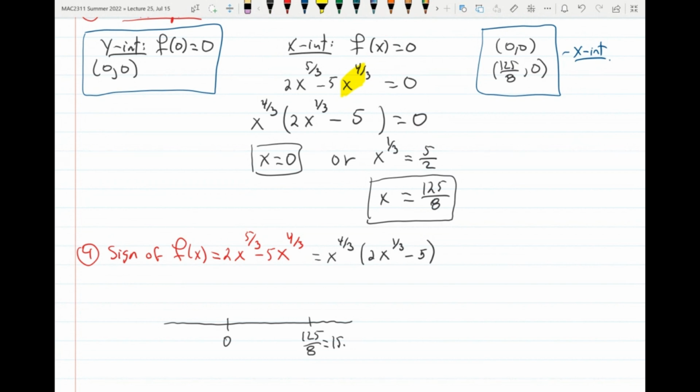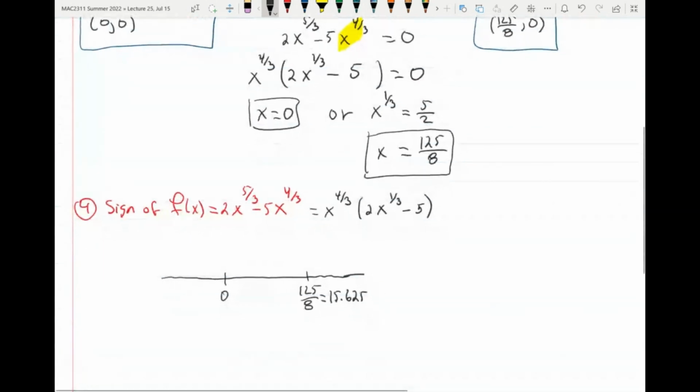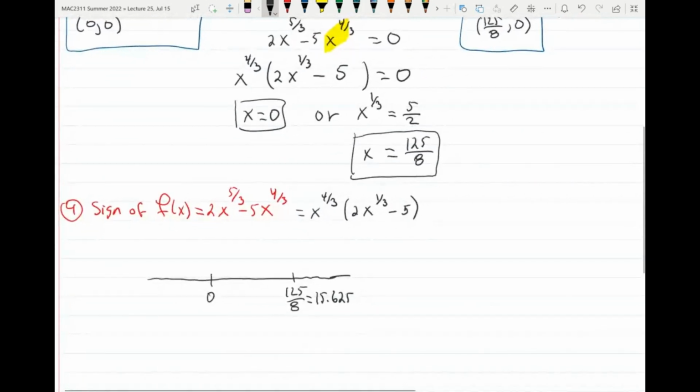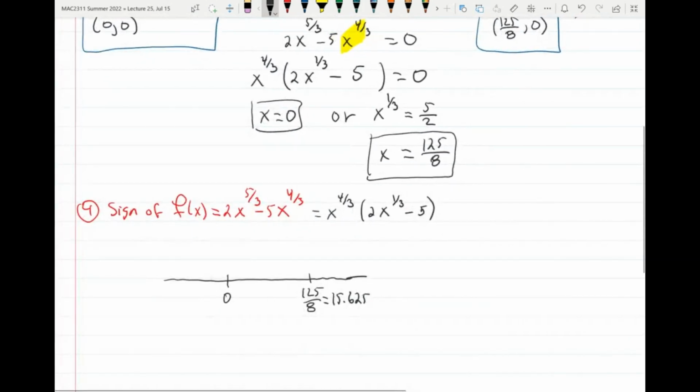That way we know what that number is when we're choosing our numbers. Okay, so we have this, and then we also need to plot the values that make the function undefined. In this case, remember the domain is all real numbers, so it's defined everywhere. So we just have to worry about the zeros, which are here. Okay, now let's pick points and put the sign of the function.